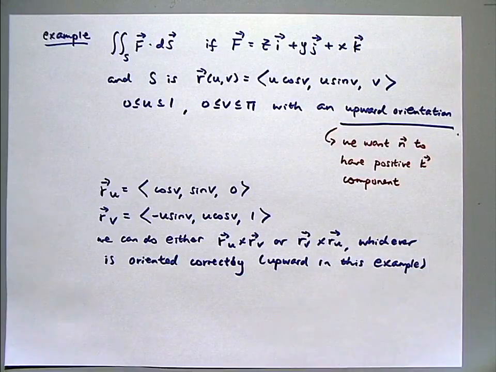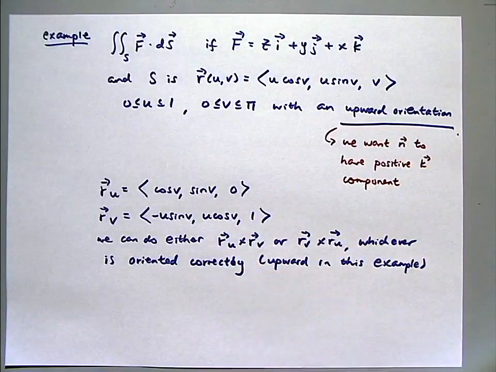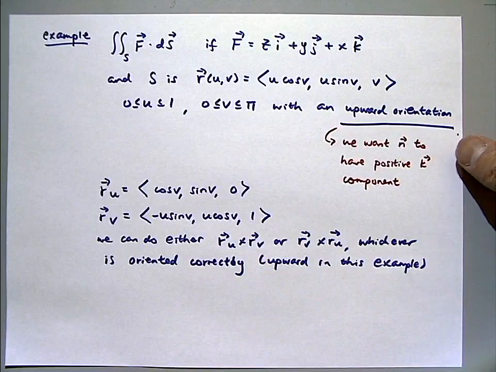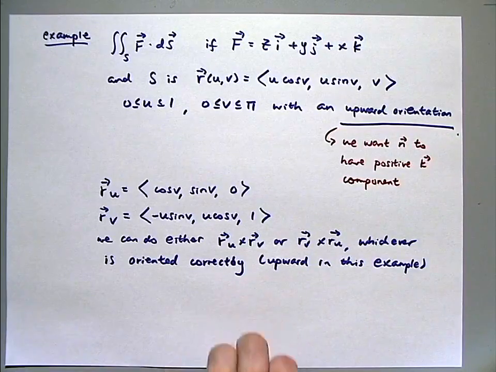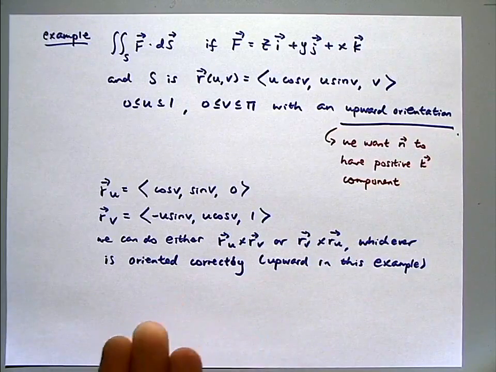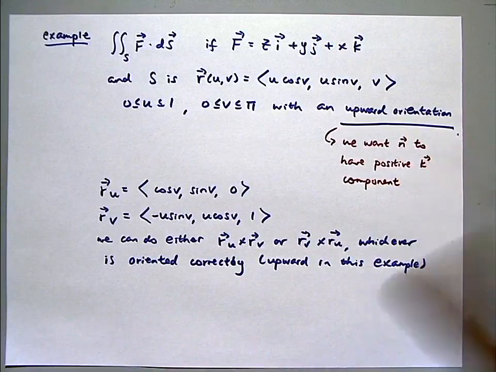In this example, we want it to be oriented upward. That means positive Z. Okay, you always have two choices once you find RU and RV. You always have two ways to cross these things. The problem will tell you which normal vector you want, and that's the one you want to use. And of course, just by looking at them, you don't know which one's going to give you the right one. Just go ahead and cross them any way you want and adjust the direction as needed.